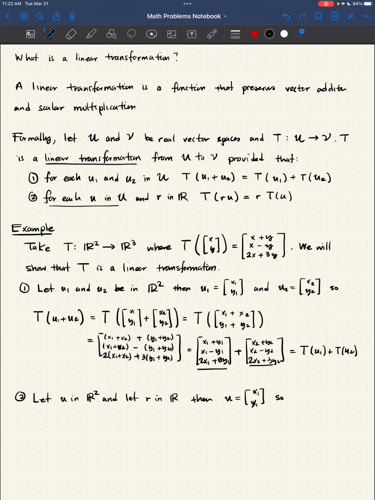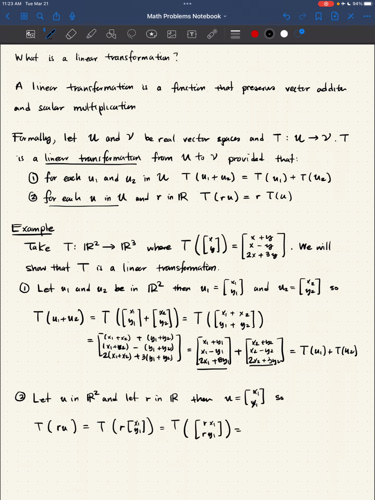So we have that T of R U is equal to T of R times x1, y1. Then we apply the definition of the scalar product, which is T of Rx1 and then Ry1.